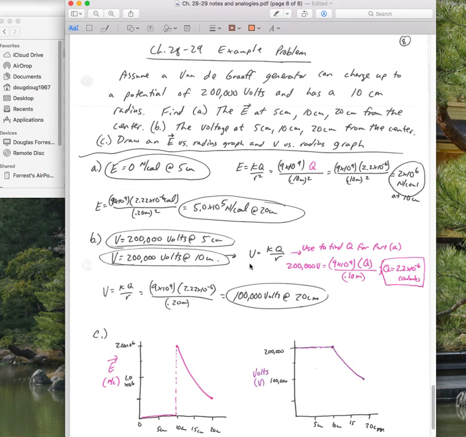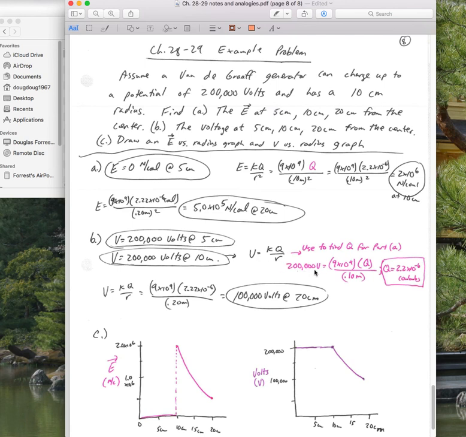Why? Well, in this case, if we didn't have the same potential everywhere inside the conductor, that means we have changing potential, which means we would have an electric field. So here, anywhere 10 centimeters or inside has to be the same potential. So I'm going to use kq over r to find the charge on this.